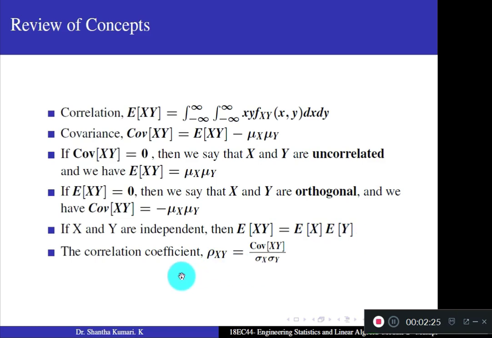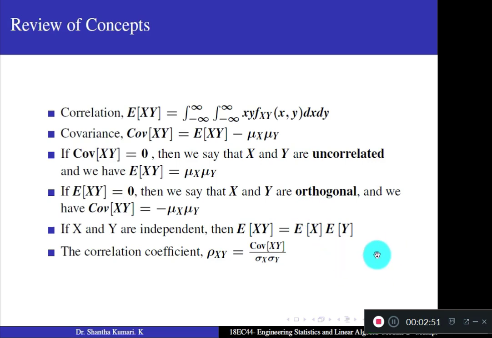Next, the correlation coefficient. It is defined by rho xy, or you can just write rho, it being understood that x and y are included. So rho equals covariance of xy divided by standard deviation of x into standard deviation of y, sigma x into sigma y. So remember all these formulae.